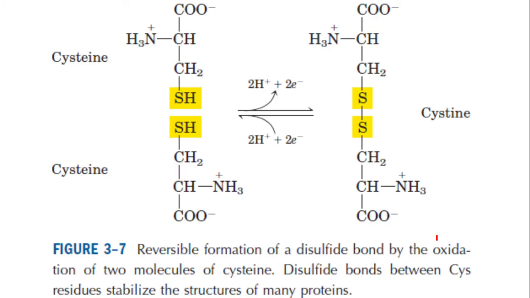Remember, sometimes two cysteine residues on different parts of the same polypeptide chain, or between two different polypeptide chains, may link together forming a cystine. Cysteine is C-Y-S-T-E-I-N-E; cystine is C-Y-S-T-I-N-E. So two cysteine residues may form a disulfide linkage.